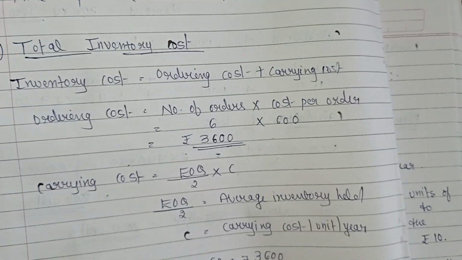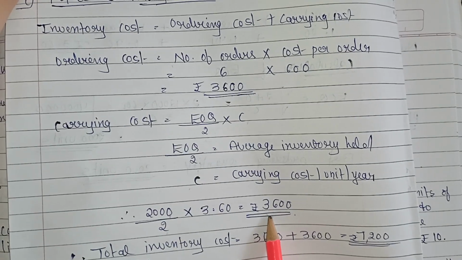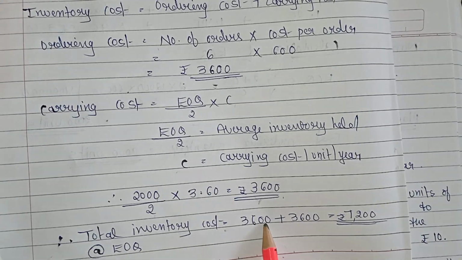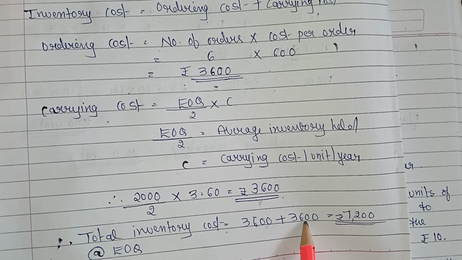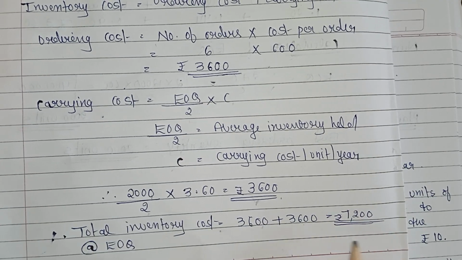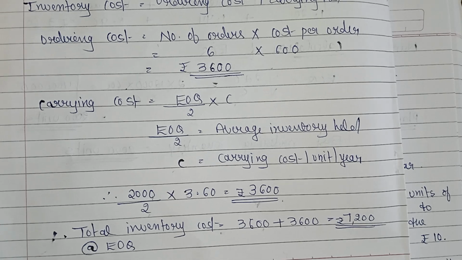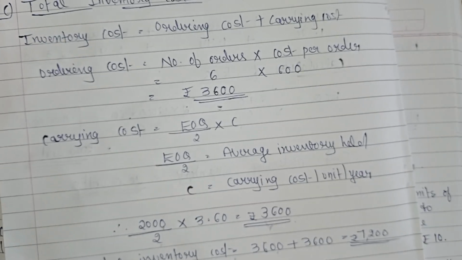That equals rupees 3600. So total inventory cost is ordering cost 3600 plus carrying cost 3600, equals rupees 7200, our total inventory cost at EOQ. Clear?